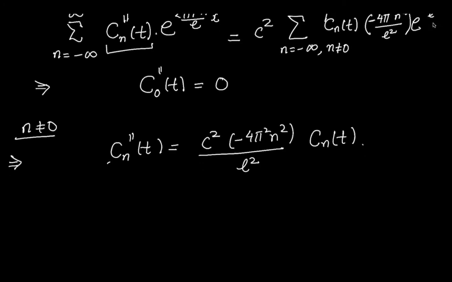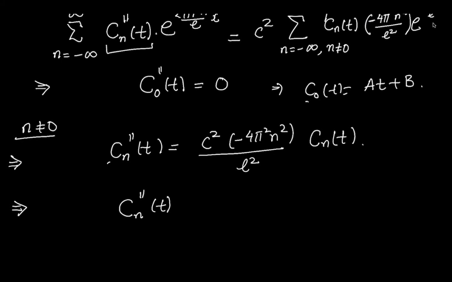I will simplify that a bit more. For c0, c0 double prime of t is 0, so basically c0(t) is equal to At plus some constant B. If you solve that, integrating the two derivatives one time gives you A, and integrating the second time you get something like t squared. Well, if you take one derivative you get A, and then the second derivative you get zero.